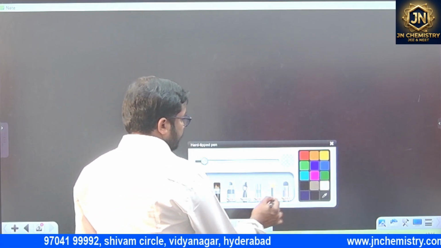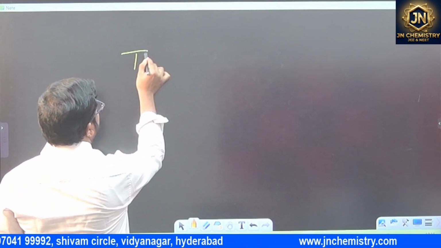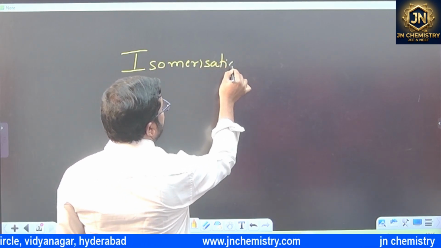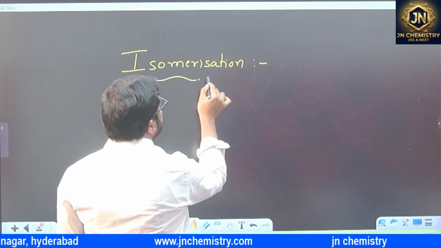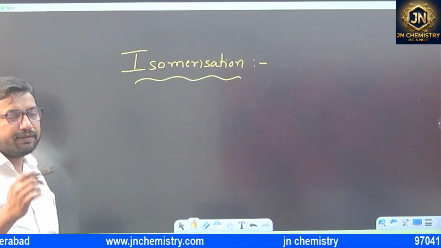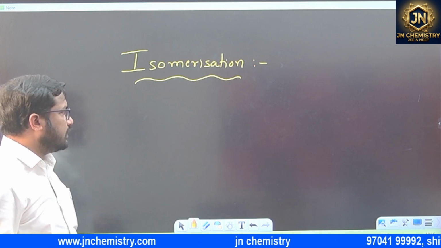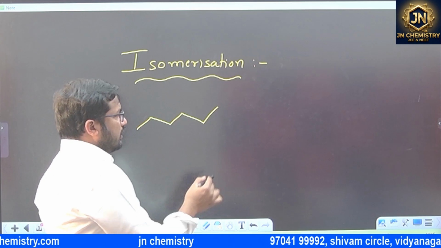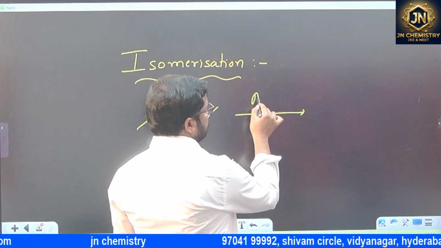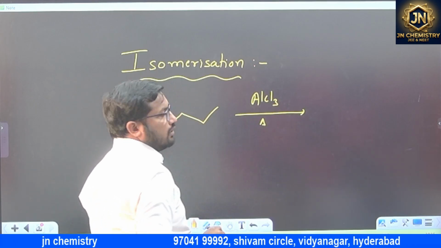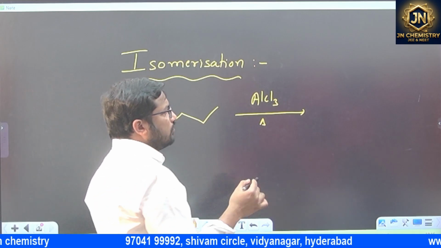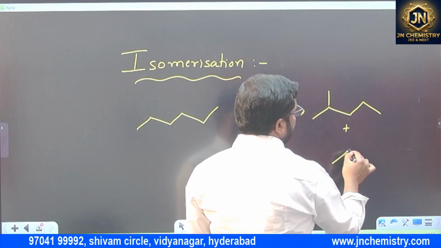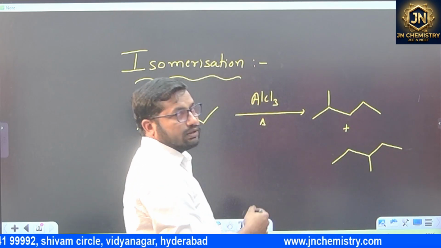Next, put the heading isomerization. What is isomerization? Isomerism takes place, meaning either chain isomerism or position isomerism. For example, if we take n-hexane on heating with anhydrous AlCl3, what exactly happens? Isomers are compounds having the same molecular formula but different structures. Chain isomers form like that.